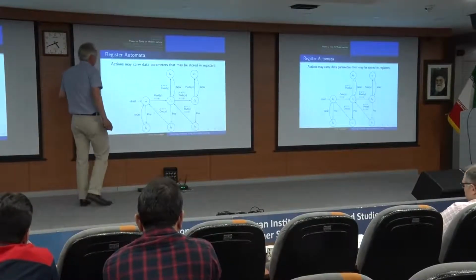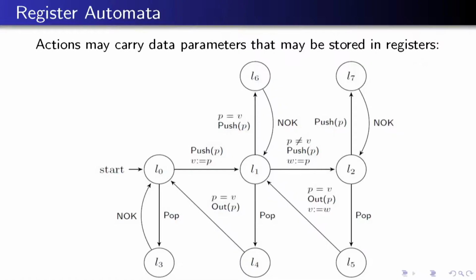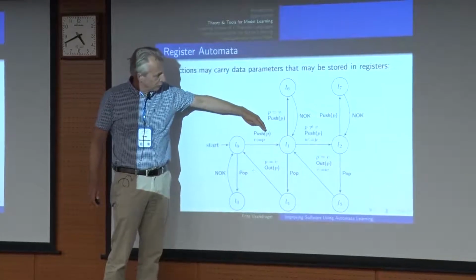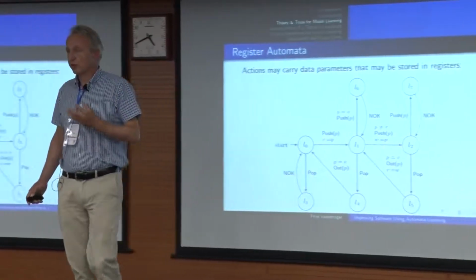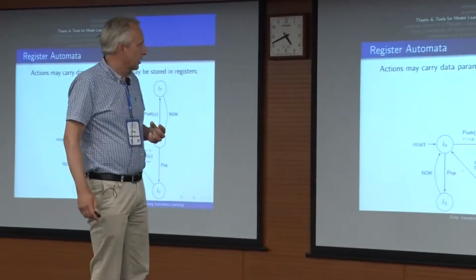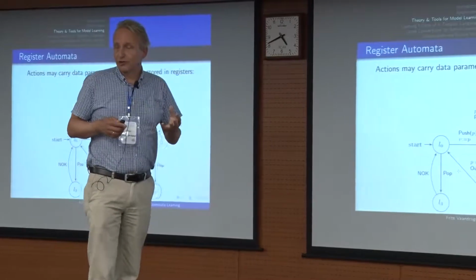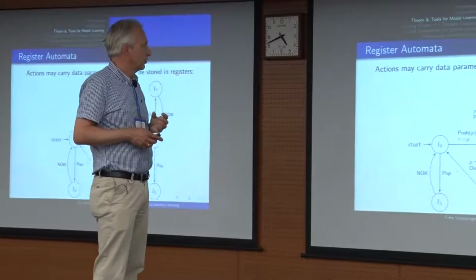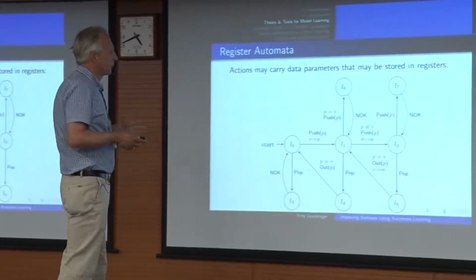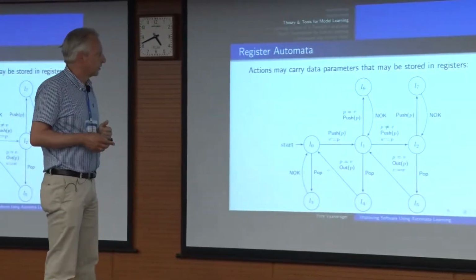A register automaton is basically a finite state machine, but now the actions carry a formal parameter p, and the values that you receive may be stored in a register. And when you do transitions, you may test for equality or inequality of registers.